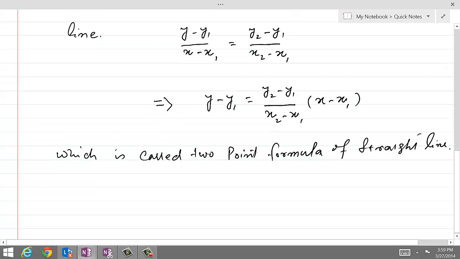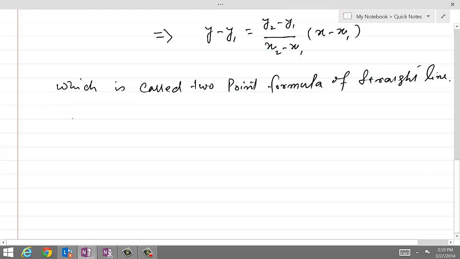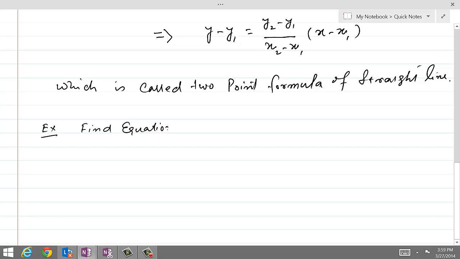And let's do one example just to make it clear how we calculate the equation of a straight line when 2 points are given. So let's take an example and find the equation of the straight line with points.